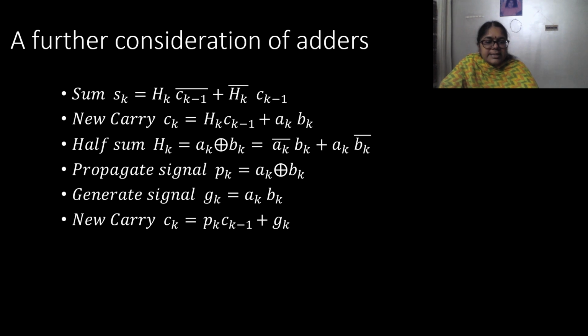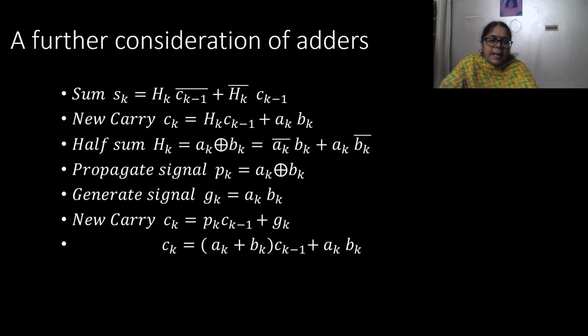So, the new carry Ck can be written in terms of the propagate signal and generate signal as Ck is equal to Pk into Ck minus 1 plus Gk. We know that the carry can also be written as AC plus BC plus AB. Thus, Ck is equal to Ak plus Bk into Ck minus 1 plus Ak into Bk.